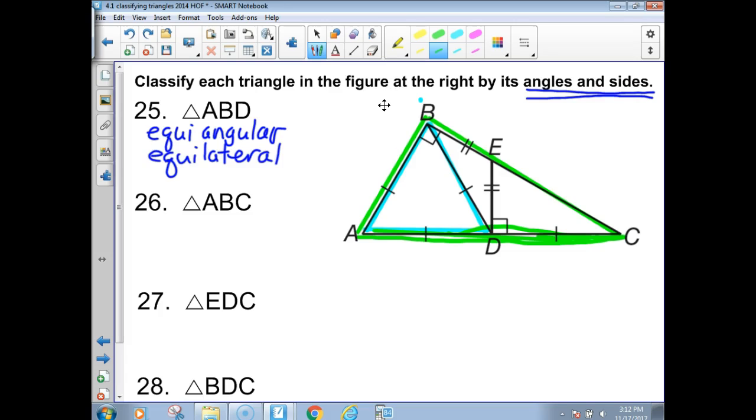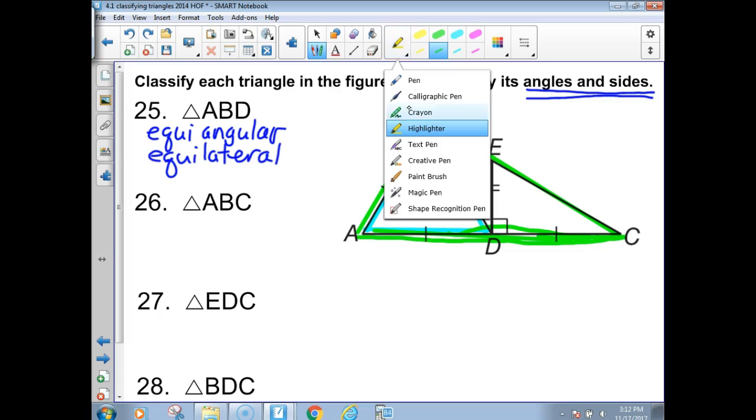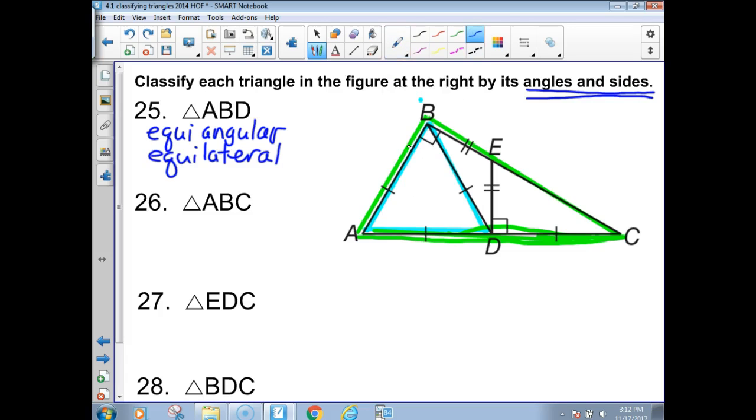There are 5 triangles in the picture. The biggest one is the one we're talking about now. What kind is it? By the angles, a right triangle. And by the side lengths, that's scalene.